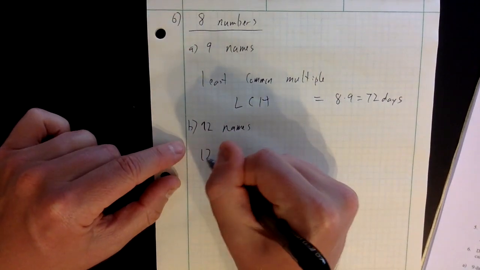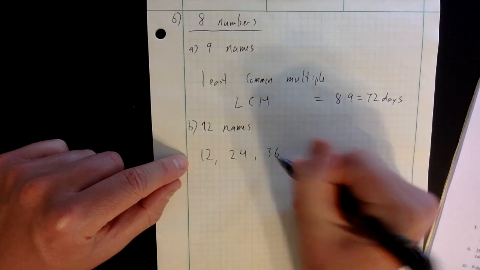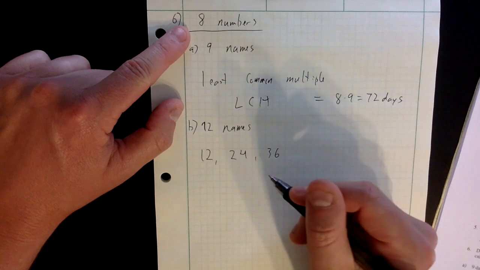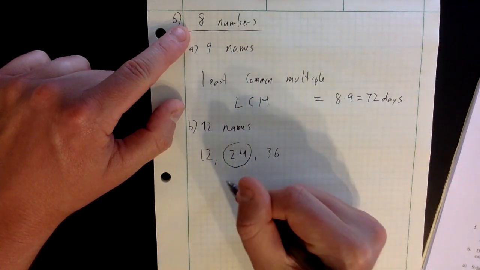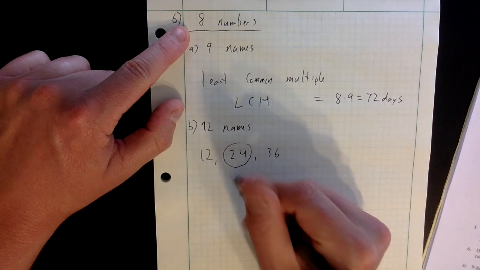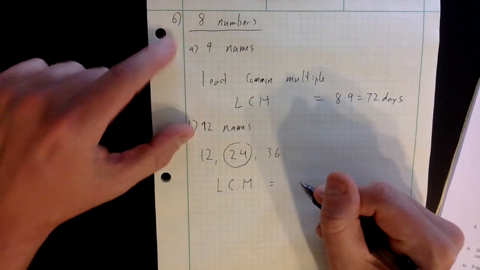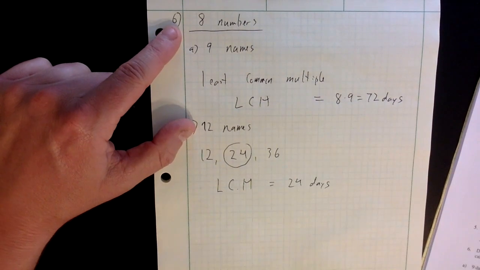I could take the larger number and just look at multiples, 24, 36. And I'm actually looking for multiples that 8 goes into. So if I stop at 24, 8 divides into 24. So the least common multiple of 8 and 12 is 24. So the calendar will have 24 days.